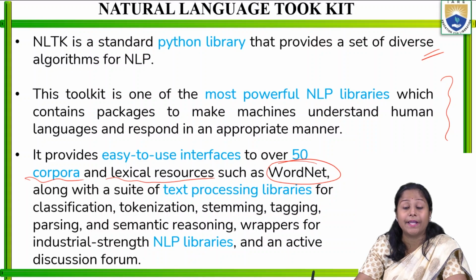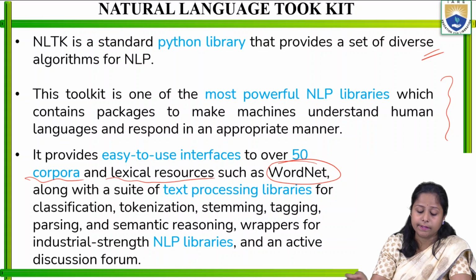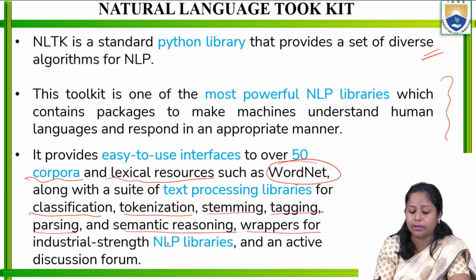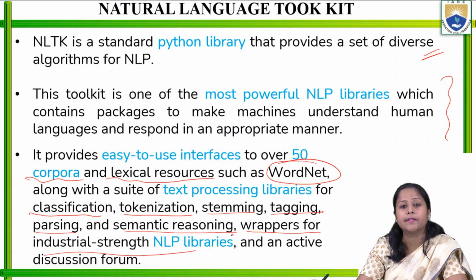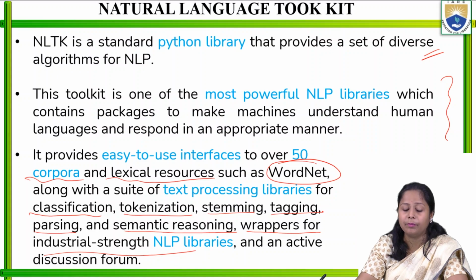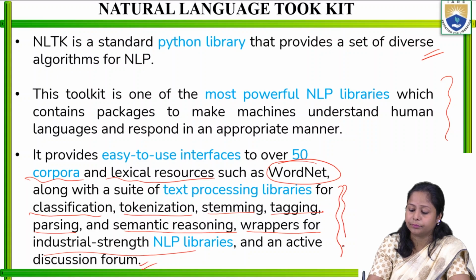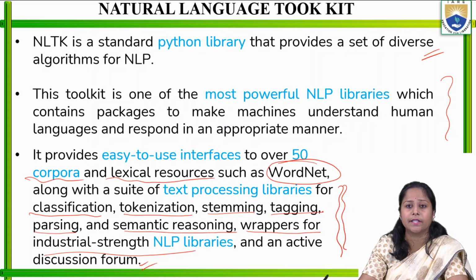Along with that, it has a suite of text processing libraries used for different techniques: classification, tokenization, stemming, tagging, parsing, and semantic reasoning, and also wrappers for other industrial strength NLP libraries. It also supports a help forum, that is a discussion forum. So this is the main functionality of the text processing libraries using WordNet.